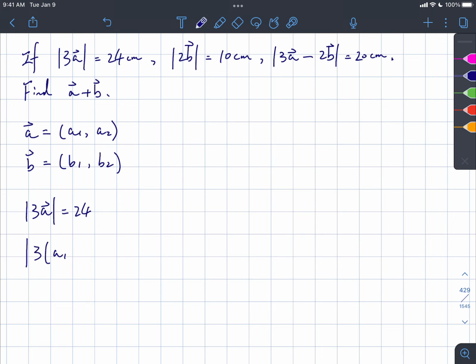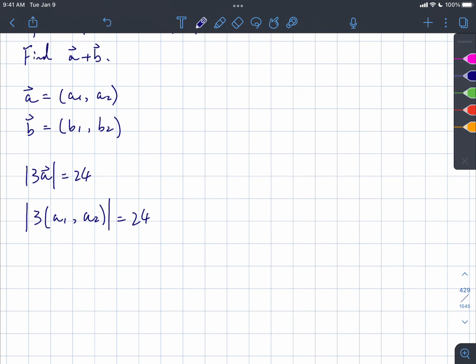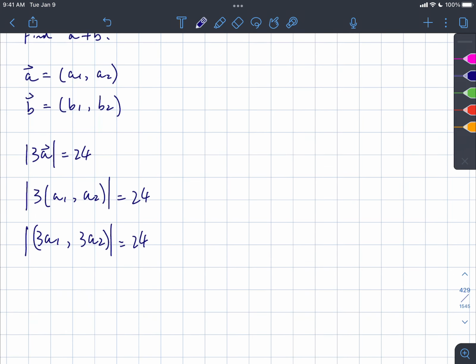But first, let's write it in the form of a1 and a2. I can represent this as 3a1, 3a2. This is just extending a vector by 3, so that's obviously going to be like this. Now we go for the magnitude calculation.